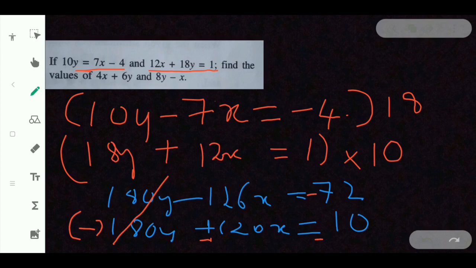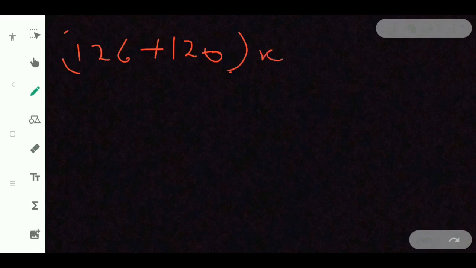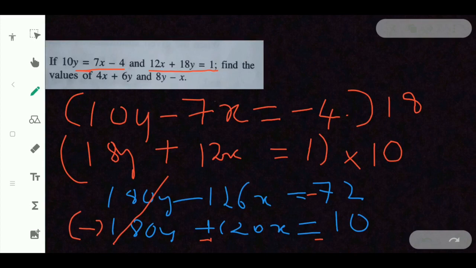Let's solve it. 126 plus 120, which is in the x terms, and which is equal to minus 72 minus 10, as both are in the same sign.